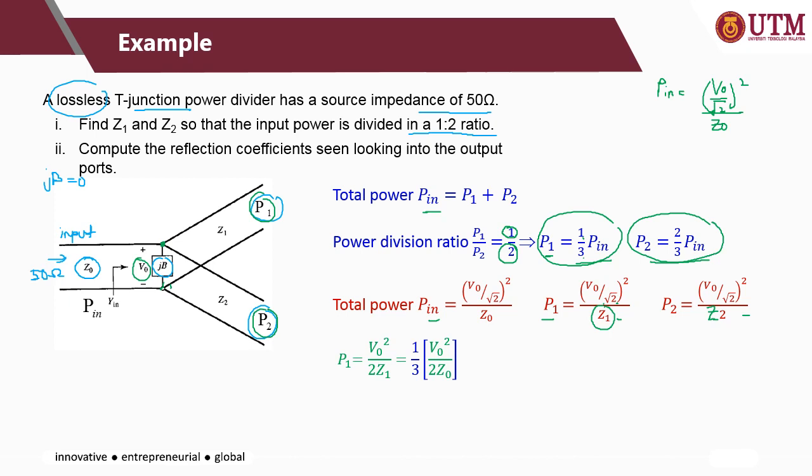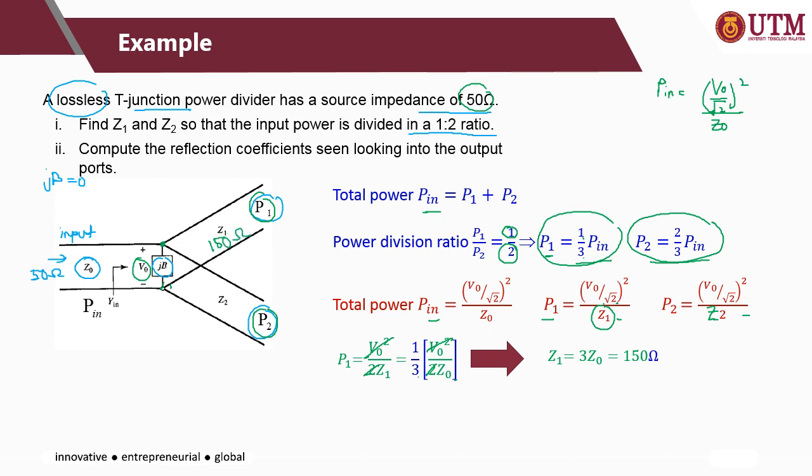And P in equals V0 over 2 squared over Z0. From here you can cancel out V0, and then you get Z1 equal to 3Z0, in which Z0 is equal to 50. So Z1 equals 150 ohm.